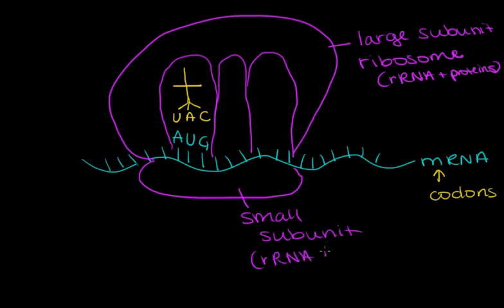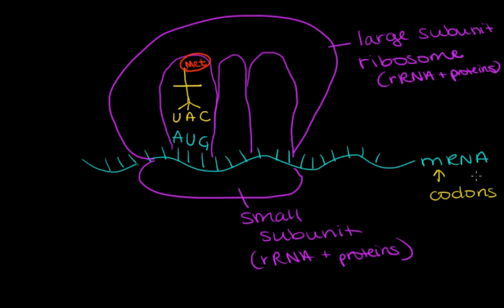Okay. So, the rRNA makes up the ribosome. The tRNA is going to carry the amino acid, MET, that's encoded by the codons on the mRNA. So mRNA is for codons.